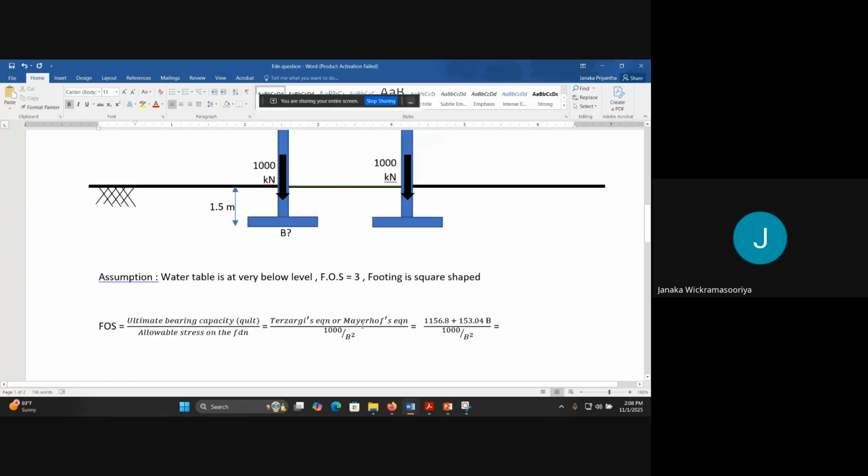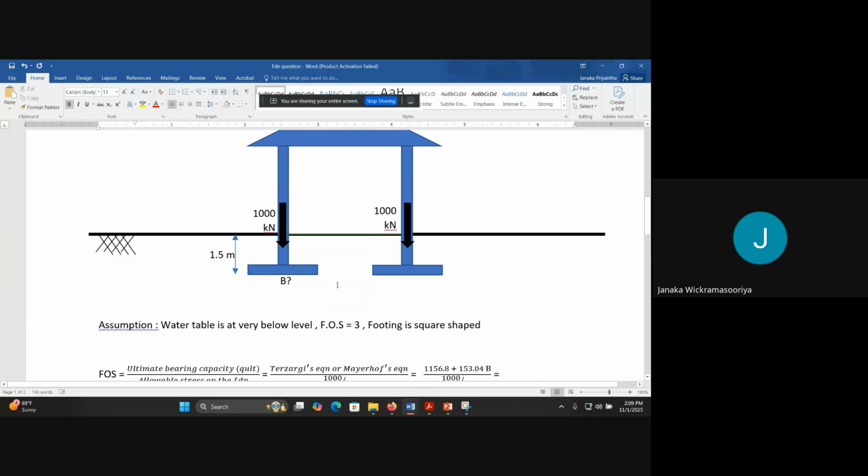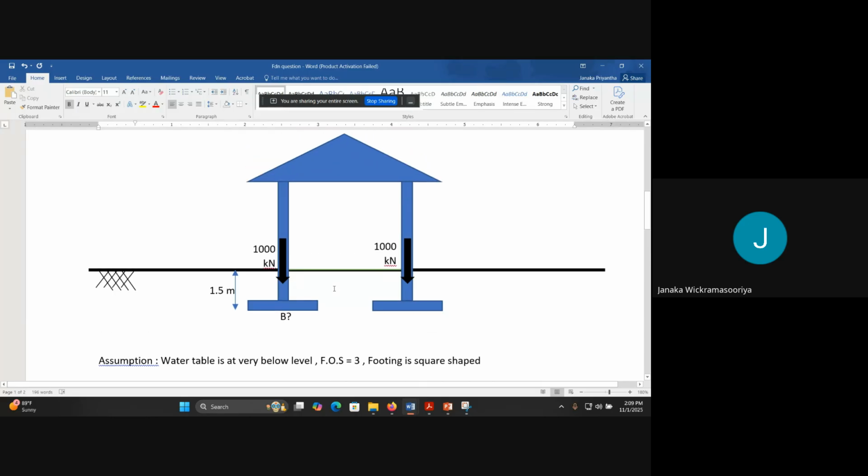Right. If you don't have any questions, then we will see what happens when you have a water table here.